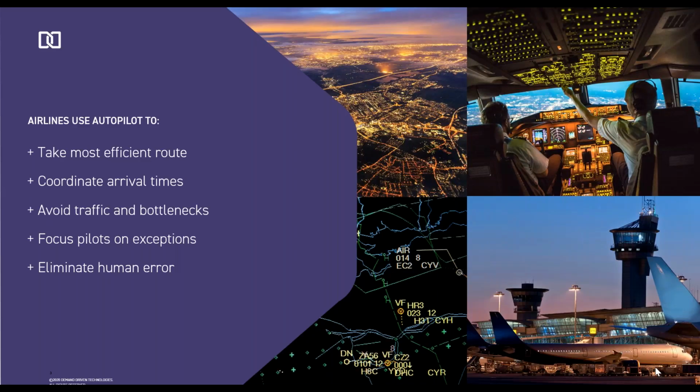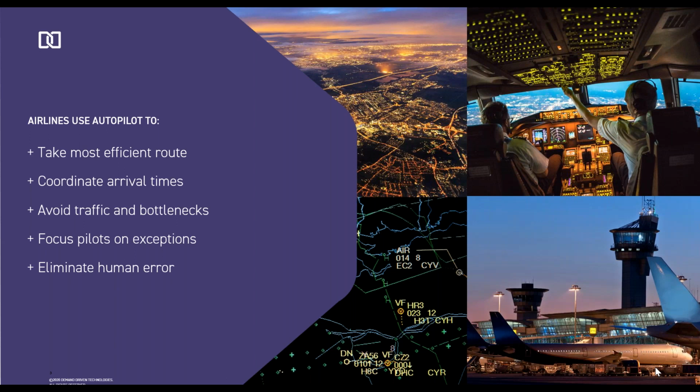So to get started, let's start with this concept of autopilot. When we think about flying, whether it's a short flight or across the world, once we're in the air, pilots are mostly running on autopilot to get passengers from point A to point B. And they're really only coming off autopilot to deal with issues or exceptions that are detected, such as taking off or landing, that they have to address.